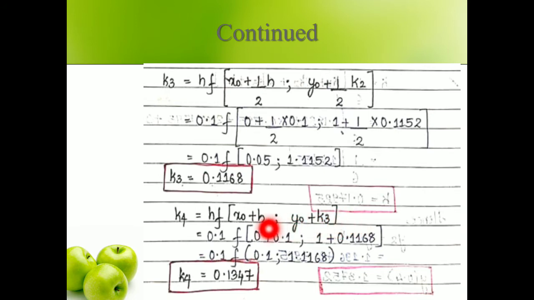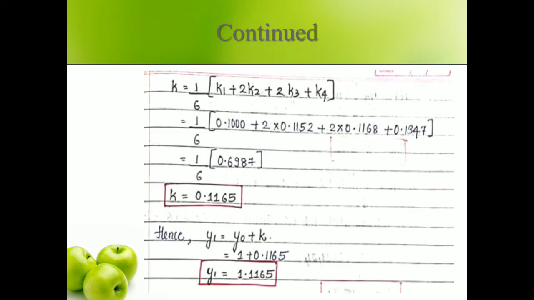So x naught is 0, h value is 0.1, y naught is 1, k3 is 0.1168. So we get f of 0.1 and 1.1168. Substituting this in dy by dx and multiplying by 0.1, we get k4 equal to 0.1347.